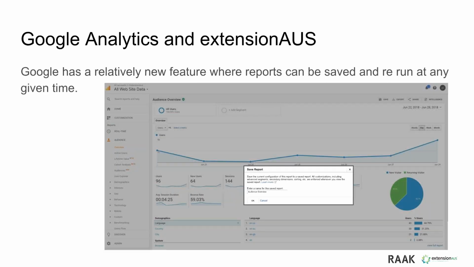One of the other questions was about reports and can they be saved and rerun at any given time? Yes, they can. There's some really handy things. One is you can save any view that you've created.